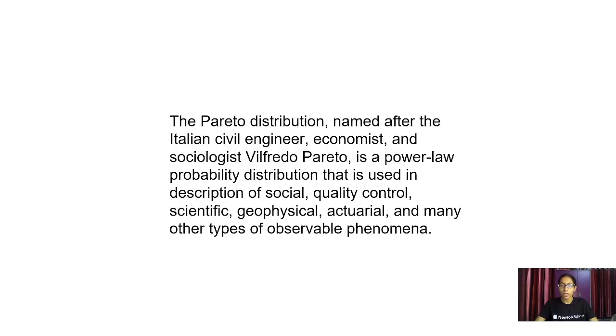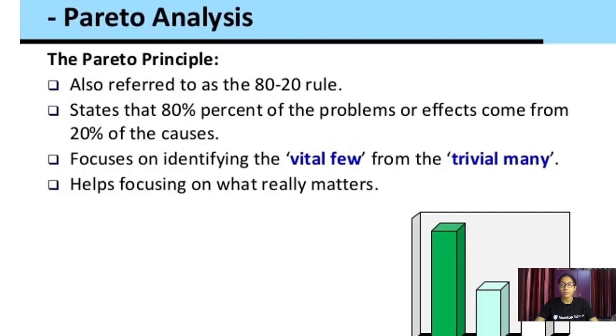It has been named after the Italian civil engineer, who was an economist, sociologist and more. He has a power law probability distribution to know how the description of a phenomenon changes.